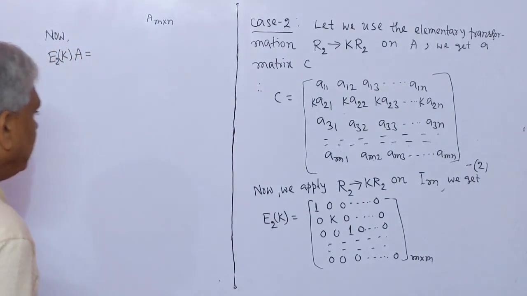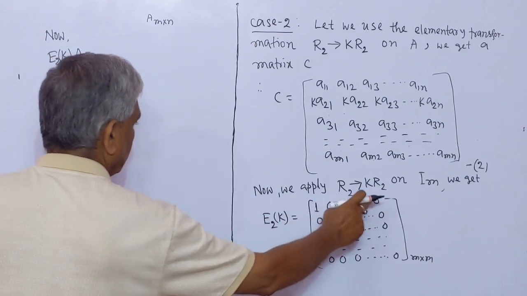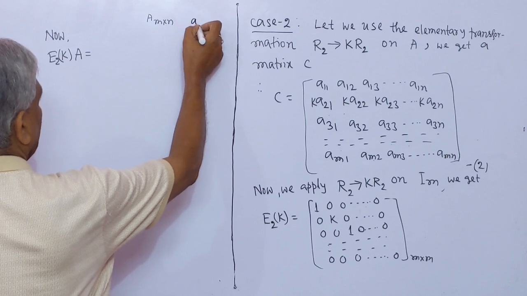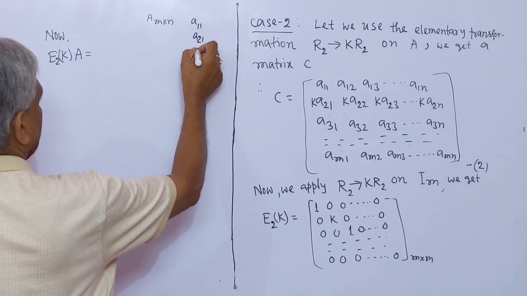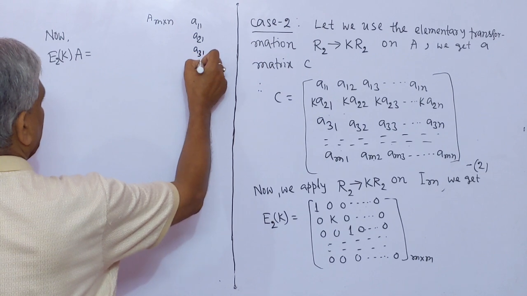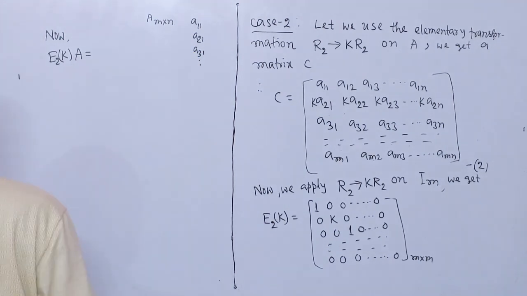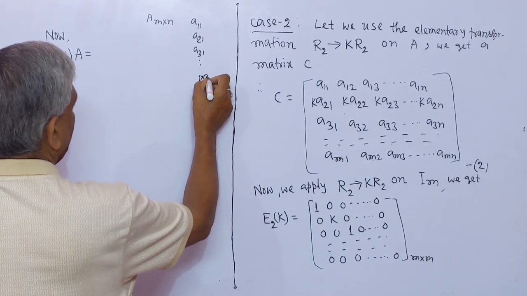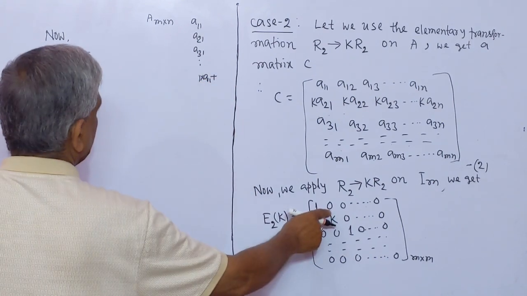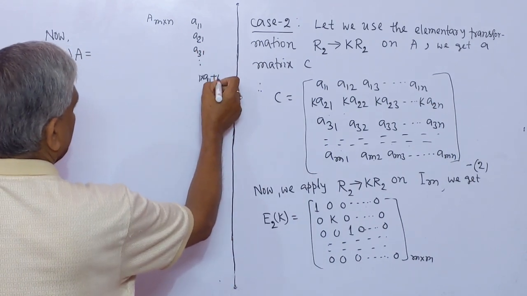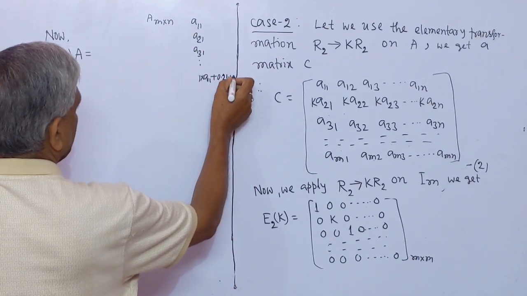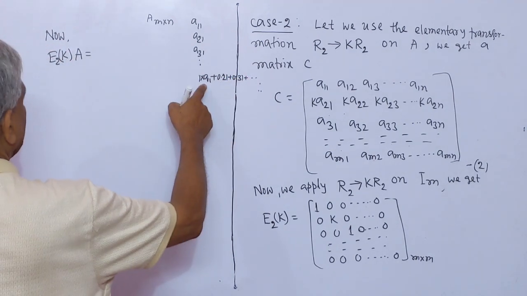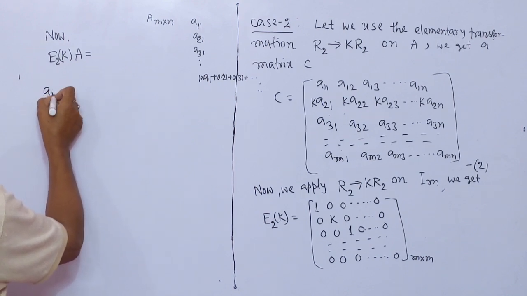So the multiplication will be first row multiply first column of A. First column of A is A11, A21, A31. So we multiply 1 multiply A11 plus 0 multiply A21 plus 0 multiply A31 and plus dot dot dot dot. That means A11. Here we write A11.